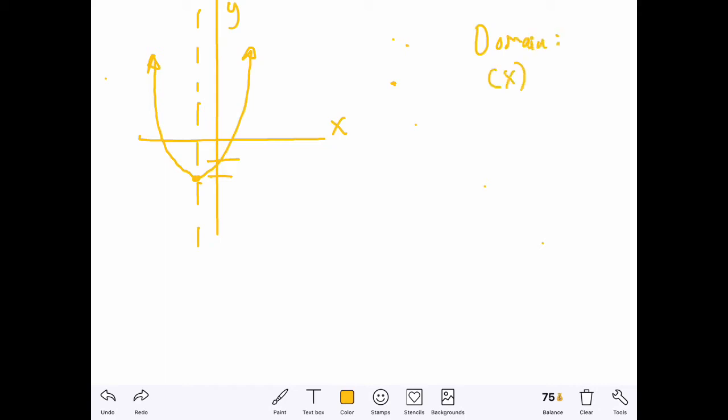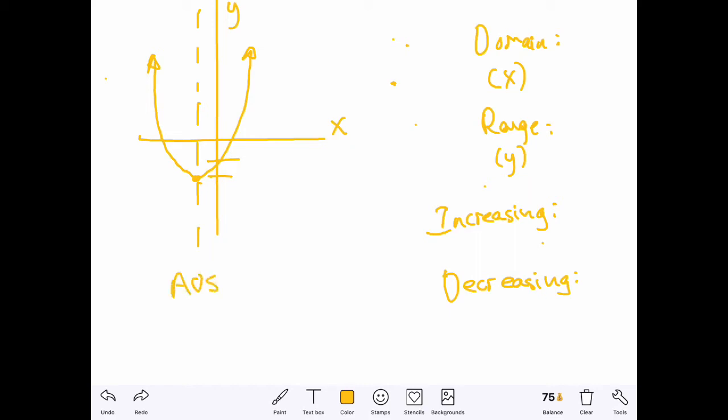Remember that corresponds to our x values, our range, y. And how about our x? Where is it increasing? And where is it decreasing? And how we would define those ideas. Okay, and where is, of course, the axis of symmetry? Well, where is it? This vertical line, x equal to -1, this dotted line.